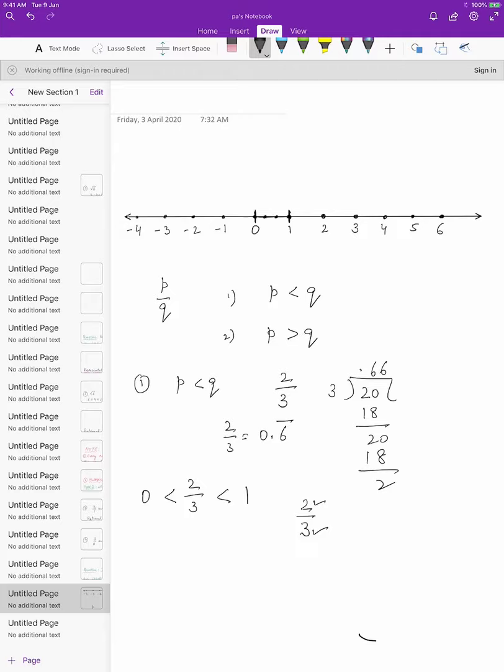So after putting 2 dots, I have got 3 equal parts of this region between 0 and 1: 1, 2, 3. So to represent 2 by 3 means 2 out of the 3 parts. So 1, 2, this is the second part. So I can say this is representing 2 by 3 on the number line.